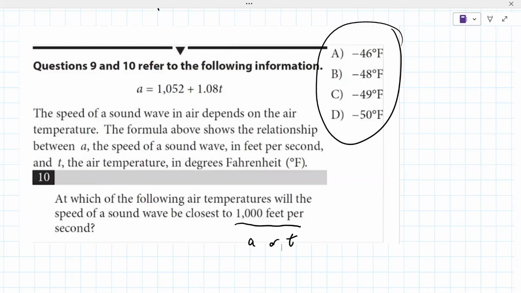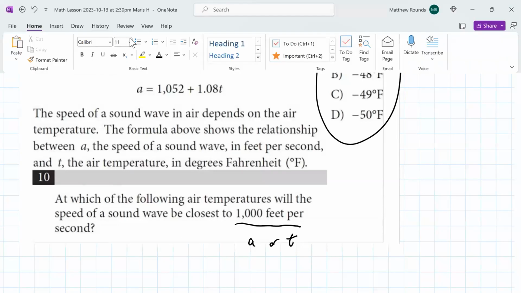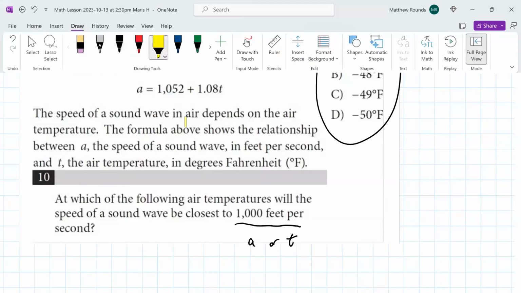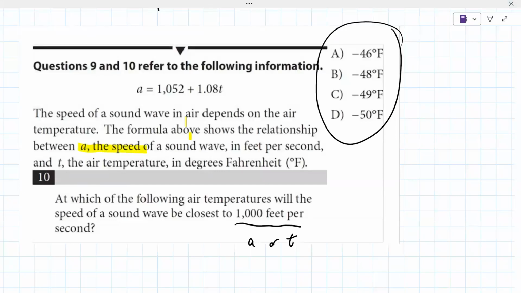Because it says that A is the speed of a sound wave in feet per second. That's right. And the units of A are what? Feet per second. And there's feet per second.